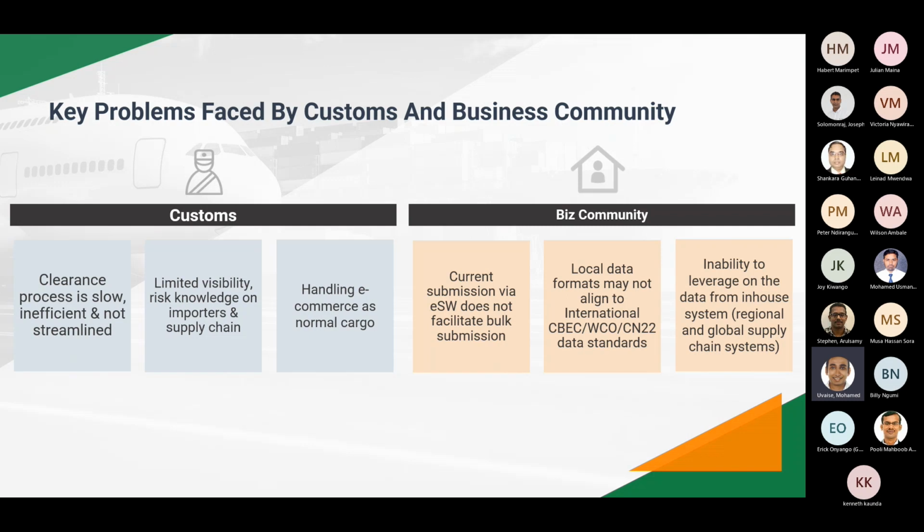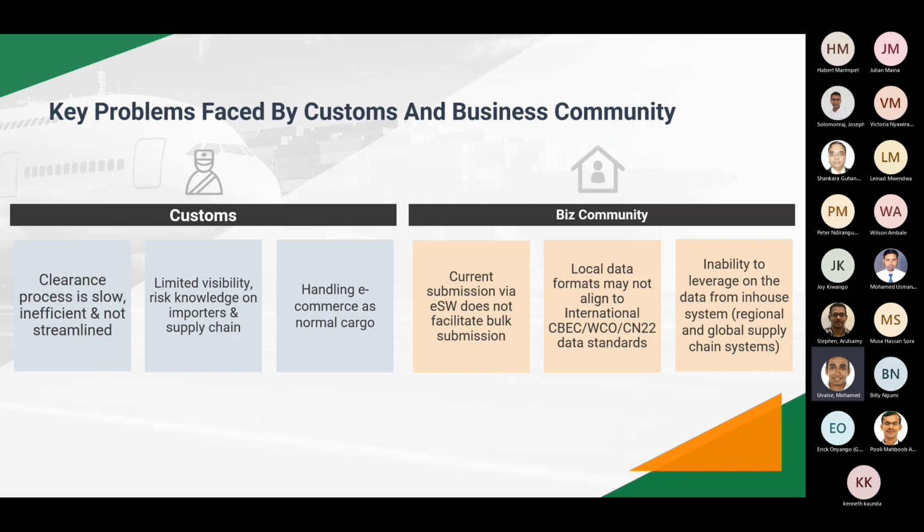Due to consolidation of goods, there could be limited visibility, which would be an impediment for proper risk assessment and duty calculation as well. And if we handle e-commerce cargo as normal cargo, this would not be scalable either.